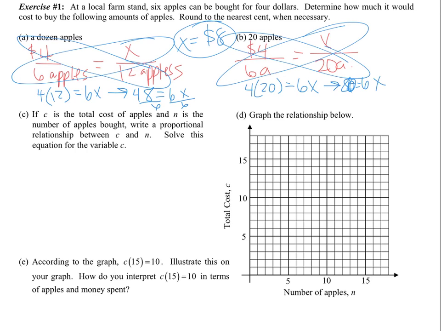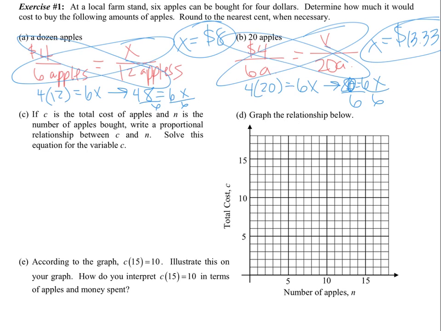Divide each side by 6, and x equals, if you do this in the calculator, 13.33 repeated. So for money, that's $13.33.